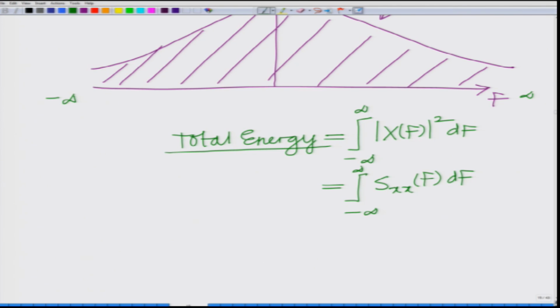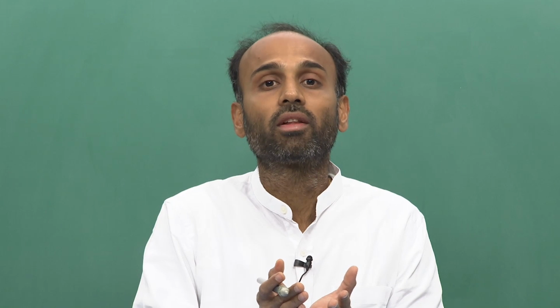The total energy of the signal is given by the area under the function Sxx(f) from minus infinity to infinity, integrated over the entire frequency band. One can make the argument that the energy corresponding to a band from minus W to W is given by the integration of Sxx(f) over that band.